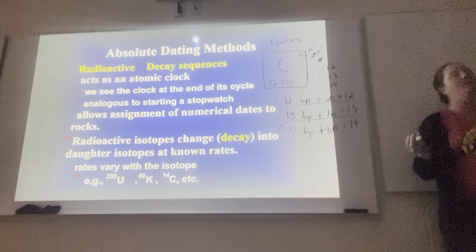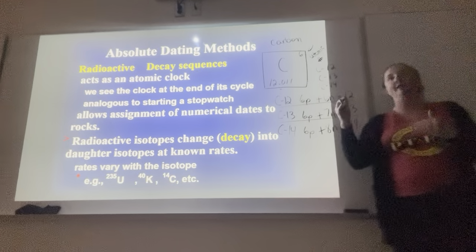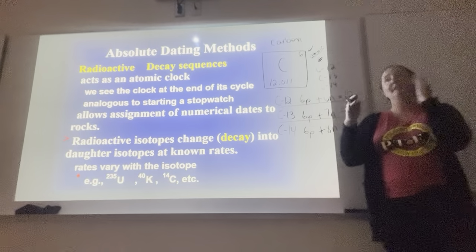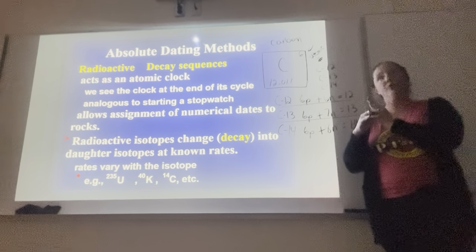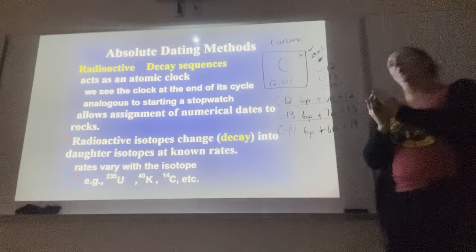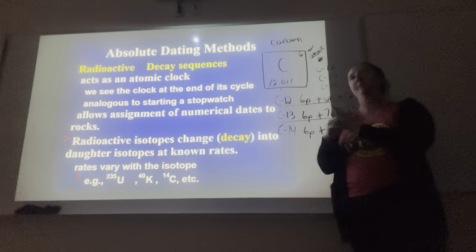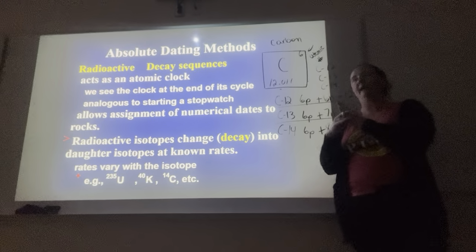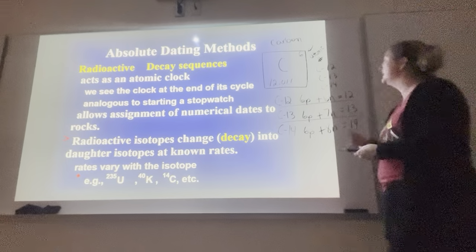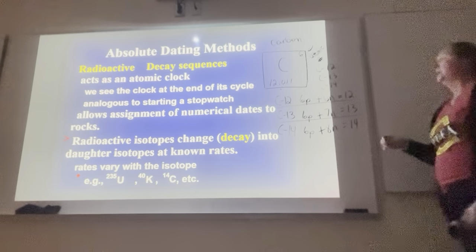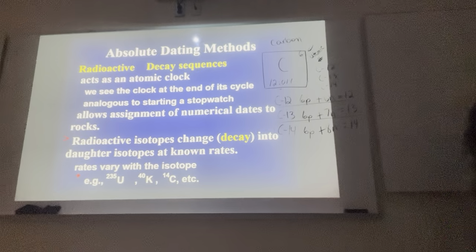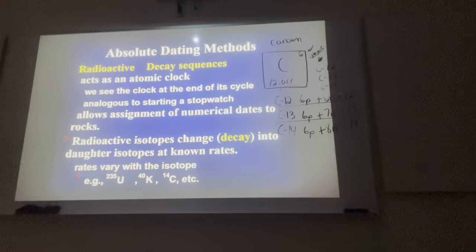So I might not know exactly how old the sedimentary rock layer is, but if an igneous intrusion cuts across it, and I know exactly how old the igneous intrusion is, well then I can have a sense of how old the sedimentary rock layer might be, because I know it has to be older than that intrusion. So we can use it in conjunction with relative dating to get a better sense. All right, so that's the first step in this whole process, and there's a little bit more about that on these slides too.